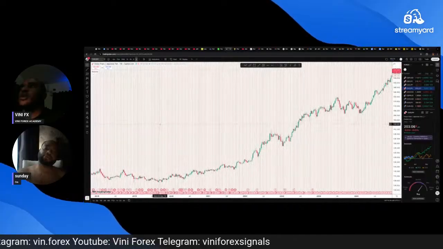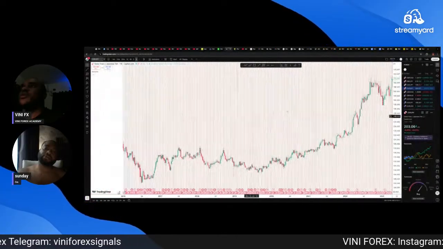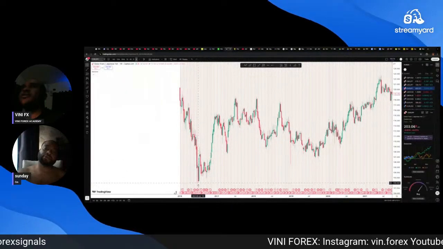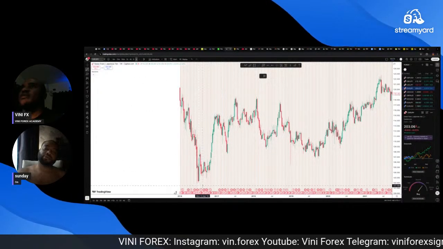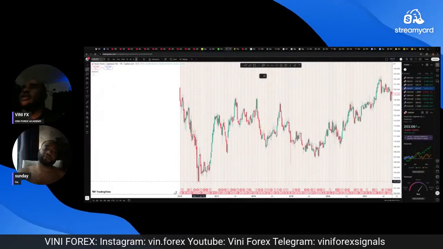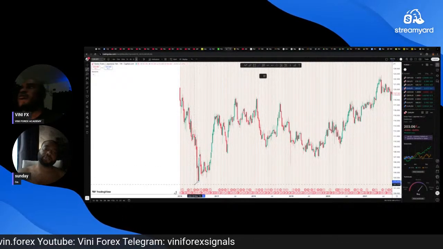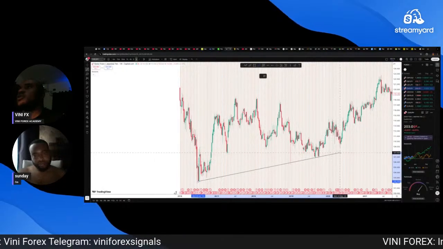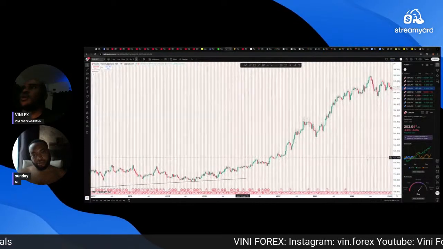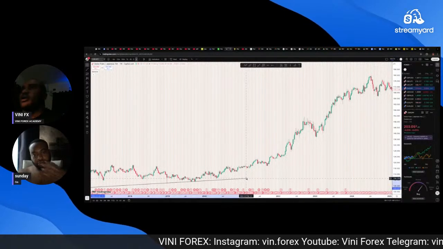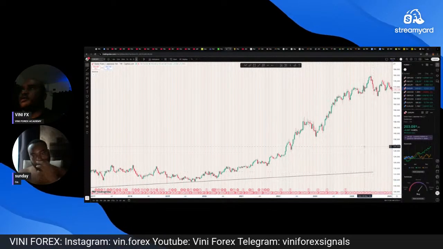Without wasting much time, I think we can start from around here, from this spot, to get a bigger picture. So you pick your trend line. This is the first touch. You extend it to the future, getting a second touch. Do you see that?